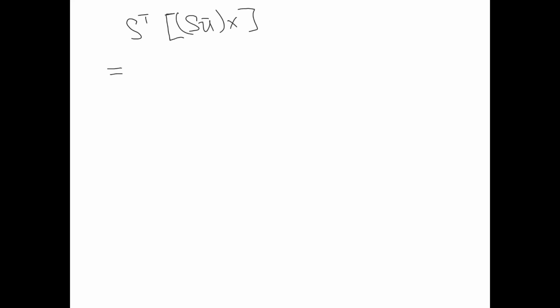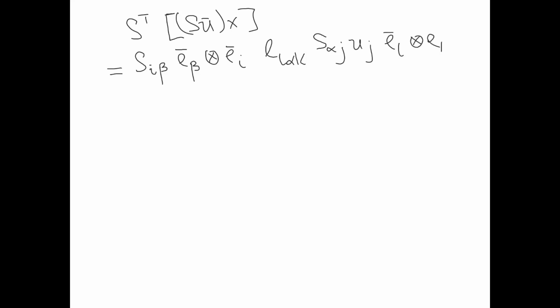My S transpose, I wrote as SI beta E beta EI. And my SU cross is alternating symbol L alpha K, S alpha J, UJ, EL, EK.